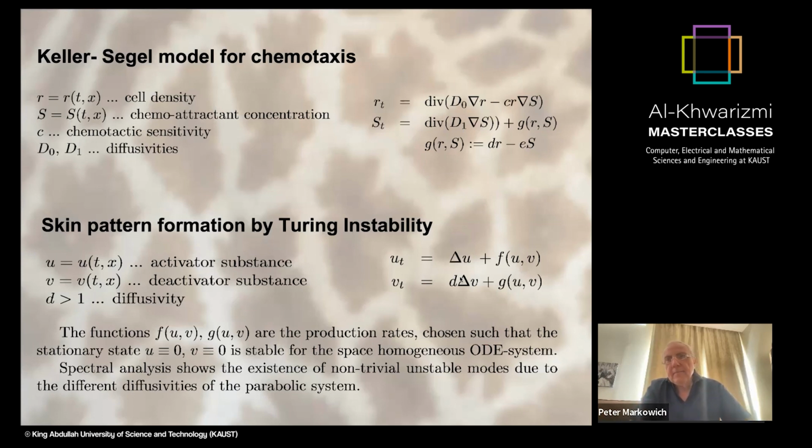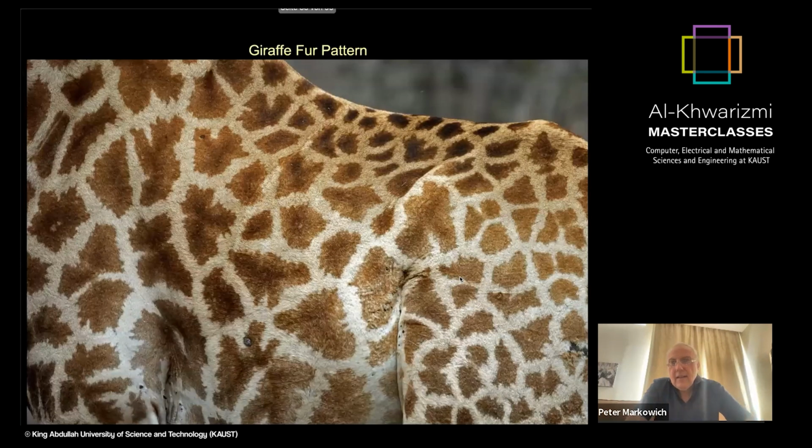It turns out that biologists have been after finding the activators and deactivators for various animal skins, and they have found some of them. So this Turing modeling is very, very close to the biological reality.